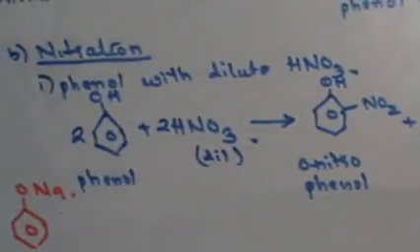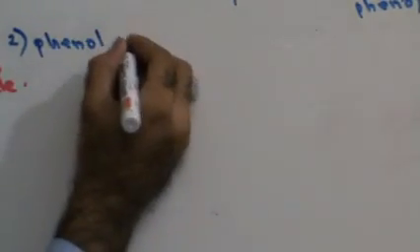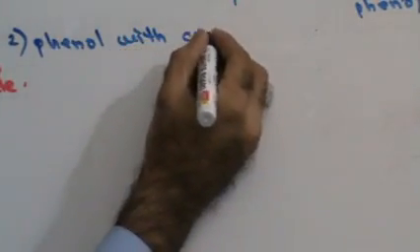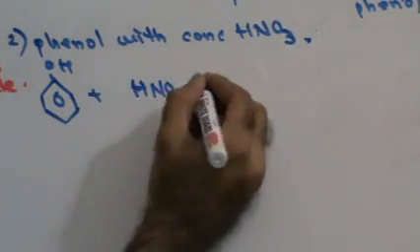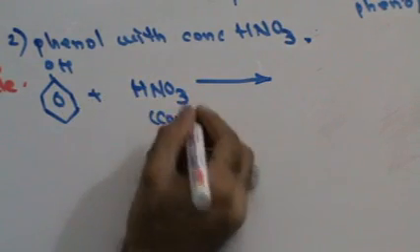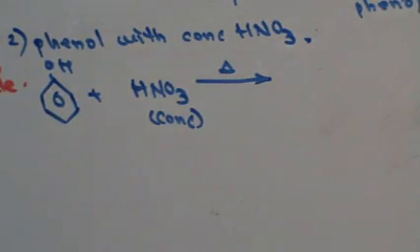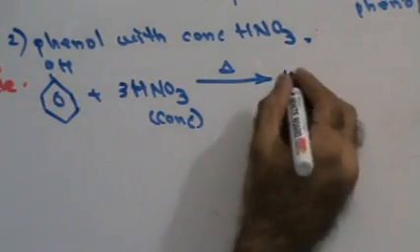Fine. Next, what happens when phenol reacts with concentrated nitric acid? Phenol with concentrated HNO3, with heat. In which case you will get dehydration.